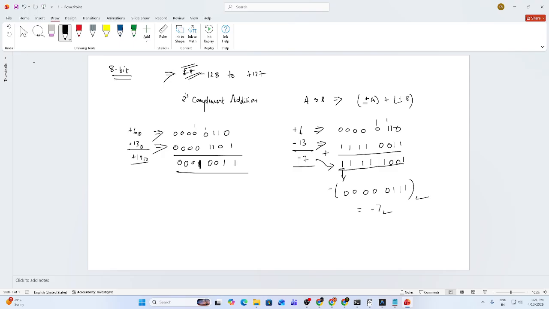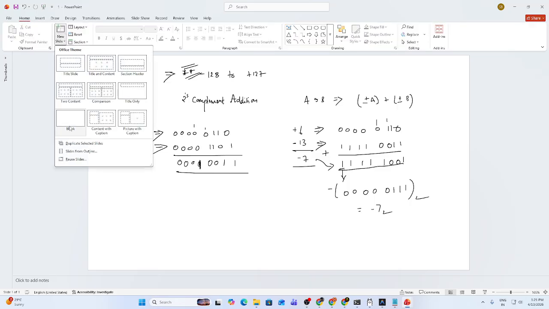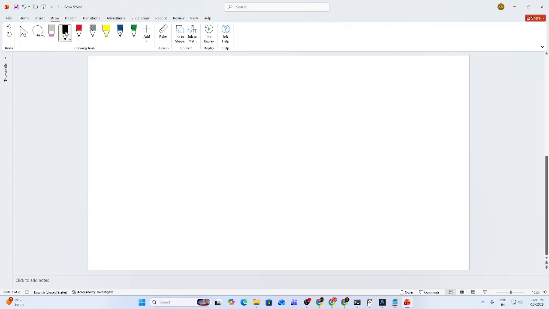Similarly, let us see another case, the second case. For example, I want to do minus 6 plus 13. You get the result as plus 7. We know that plus 6 is 0000 0110.